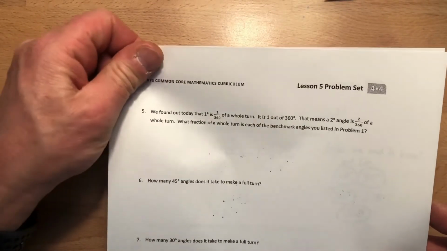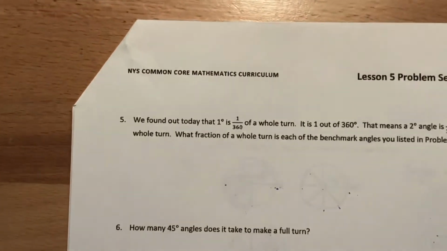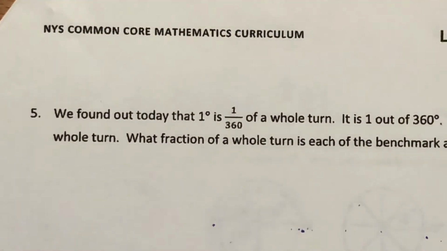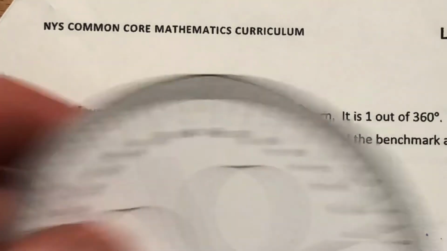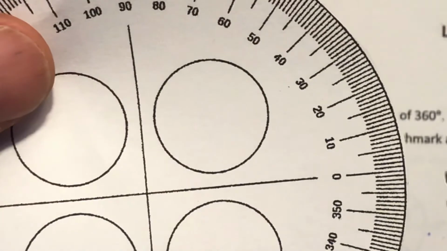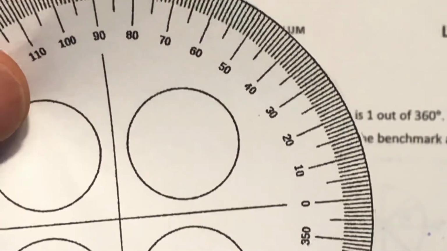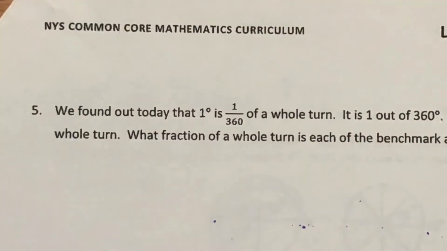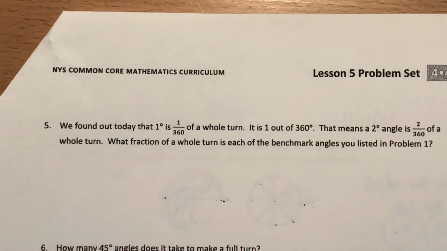We're just going to do one little bit here. It says, we found out today that 1 degree is 1/360th of a whole turn. Remember we talked about that with this little guy? If I zoom in here on 0, 1 little degree is 1/360th. A 2-degree angle would be 2/360ths of a whole turn.